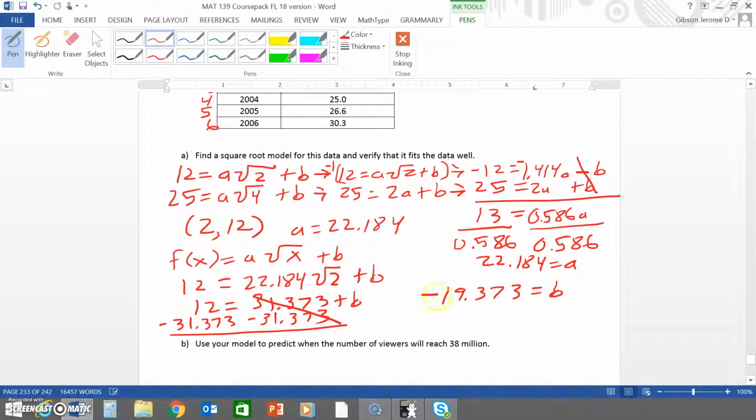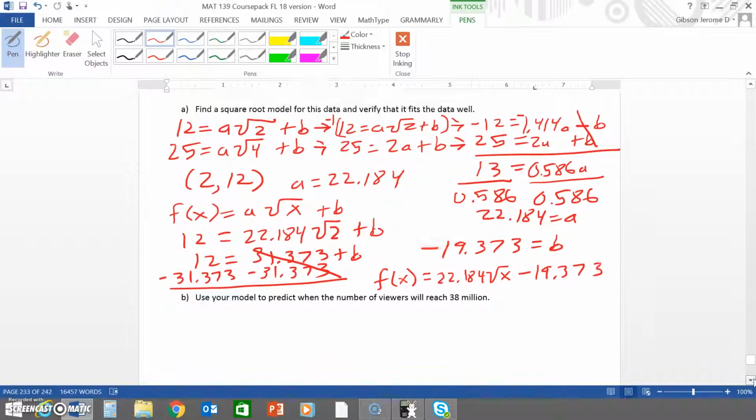So now that we have b and a, we can write out our formula. Our formula would be f of x is equal to 22.184 times the square root of x minus 19.373. Okay, so class, our final answer is f of x equals 22.184 times the square root of x minus 19.373.